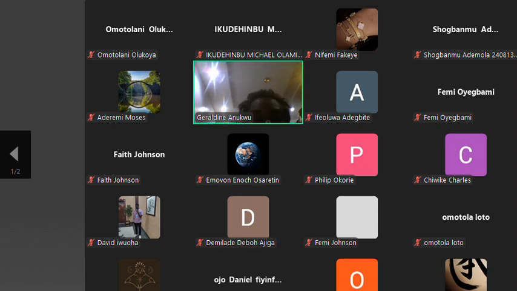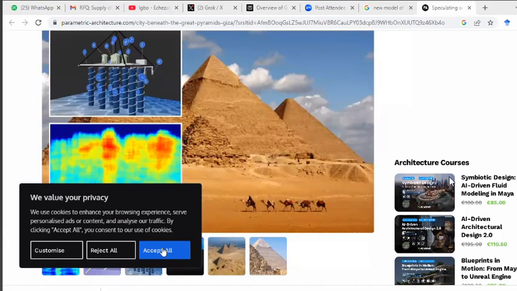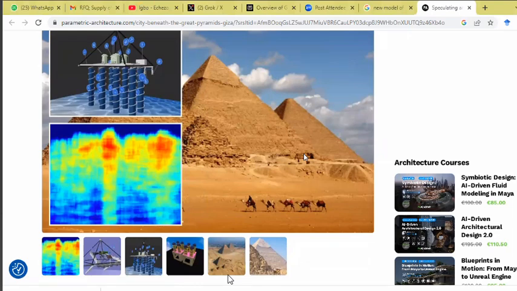I just want to share something with you guys. You should be able to see the pyramids now. So this now is the model of what they have done. So this is the pyramid. They were able to look out for what is beneath the pyramid, in particular, the Khafre pyramid. So underneath, what is there?